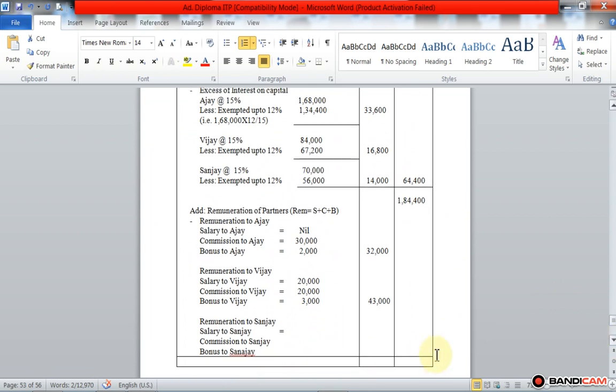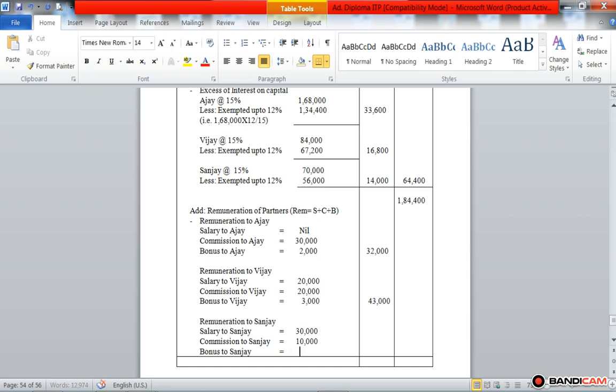So here 30,000 plus 10,000 commission plus bonus is equal to 5,000.